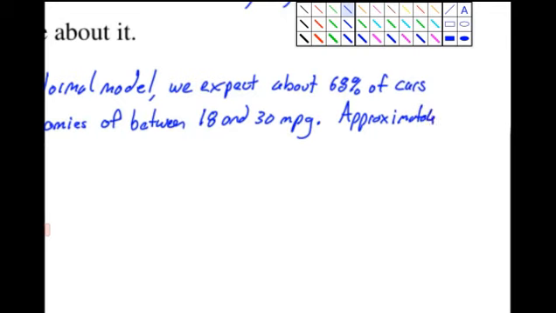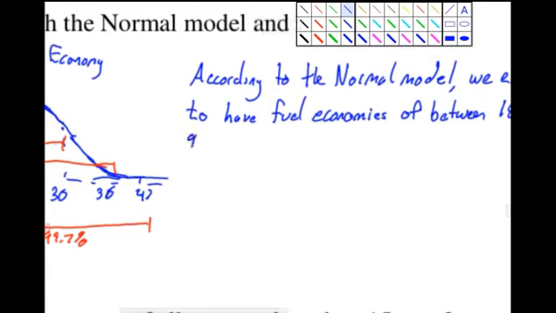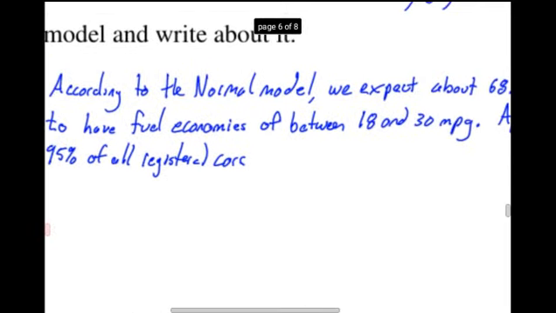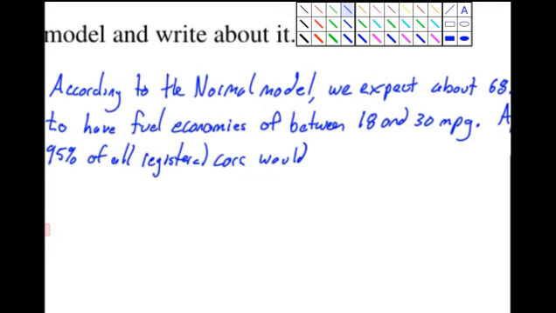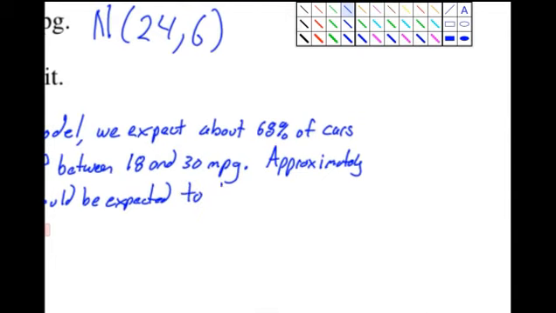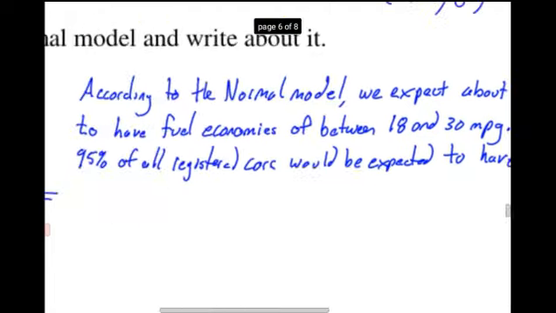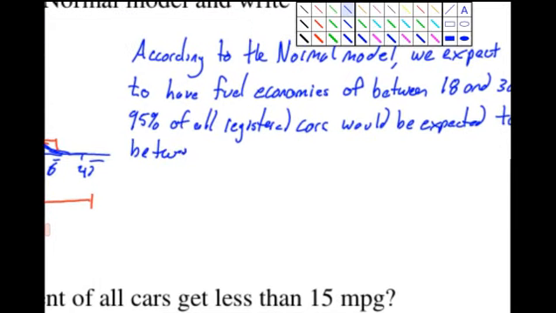Approximately 95% of cars would be expected to have fuel economies between 12 and 36 miles per gallon. We always need that context there.